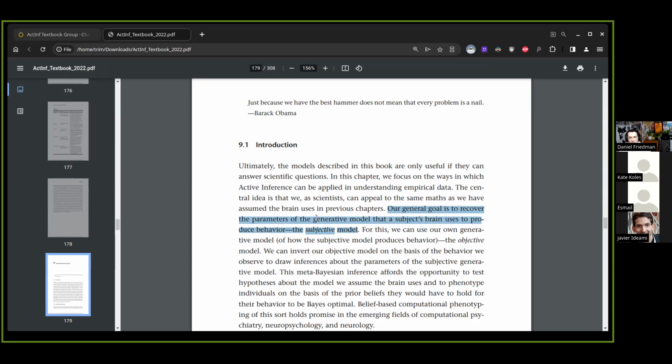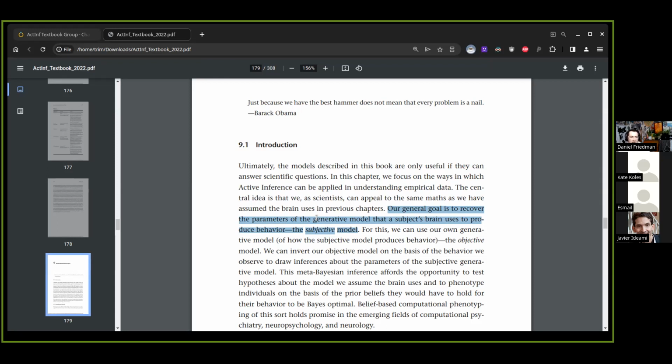So if all we were interested in was descriptions of behavior, we wouldn't need sophisticated modeling at all. We would just need summary statistics or descriptive statistics on behavior. If all we wanted to know was how often this person makes a sound, you could just count.